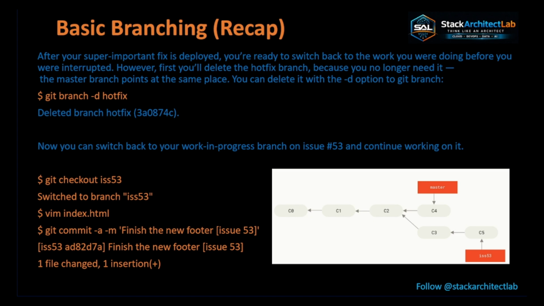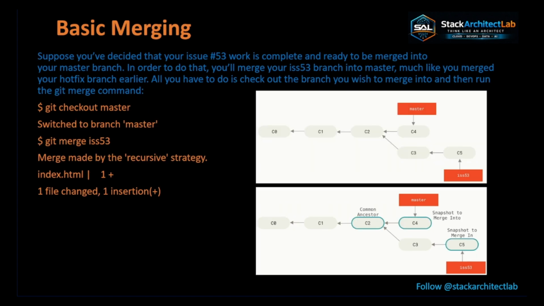Now let's understand the merge part here. In the same example, you decide that you want to merge your issue number 53, which is ISS 53, which I was telling you is complete and ready to be merged into your master branch.